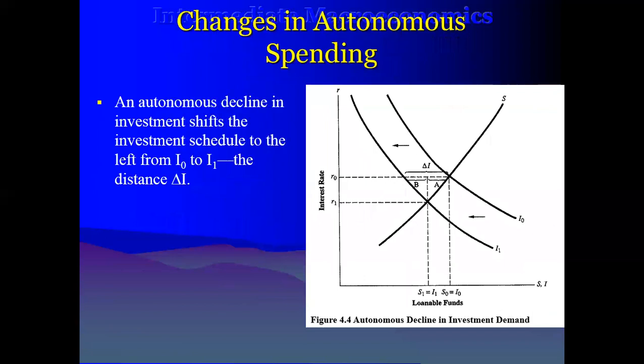Now please let's listen attentively. We want to look at how autonomous changes in investment can affect the interest rate. Just assuming that initially this is the equilibrium point, we're here at I0 and S. This was the equilibrium interest rate, and as a result, S0 was the same as I0.